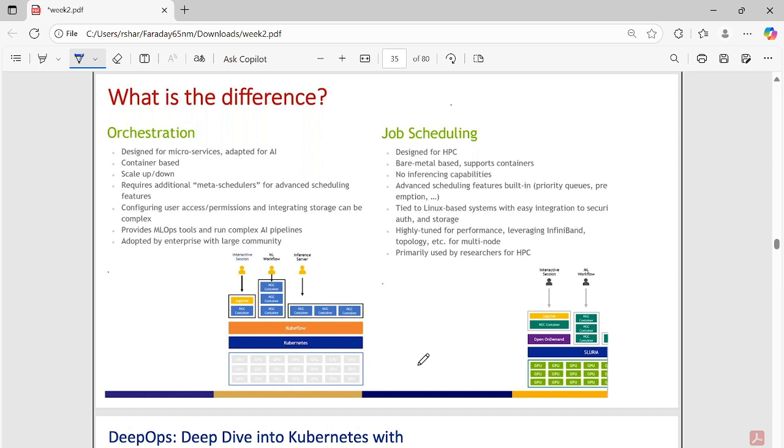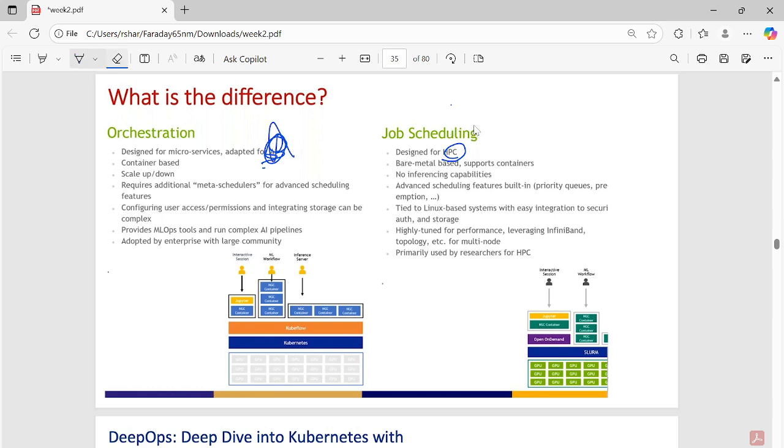So this is for AI, and this is for HPC, high performance computing.